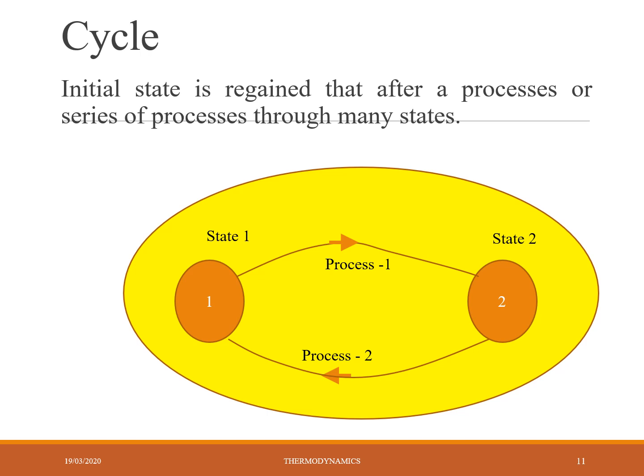I think it is very clear. Initial state is regained after a series of or many processes. You know that definitely you should have a forward stroke and return. At least 2 processes, otherwise you can't return.